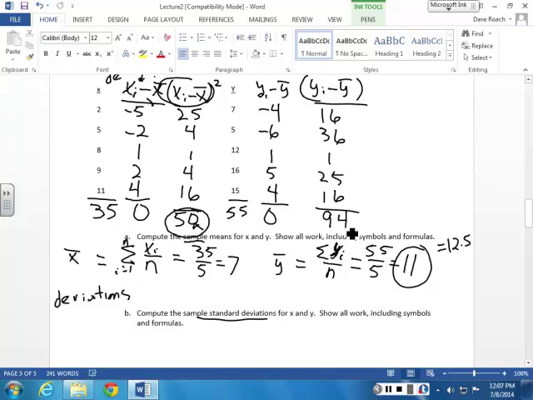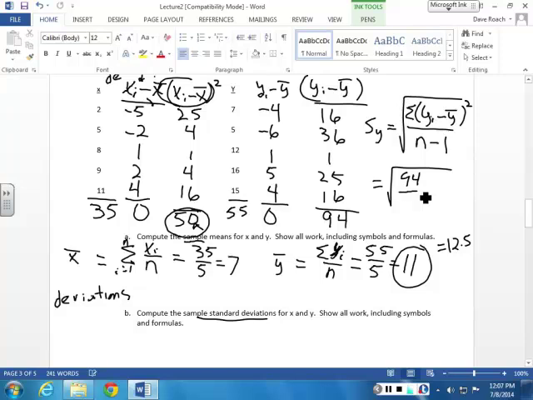94. And then to get the standard deviation for the y's, I'm going to take the square root of the sum of squared deviations divided by n minus 1, or the square root of 94 divided by 4, and that's equal to 4.85.